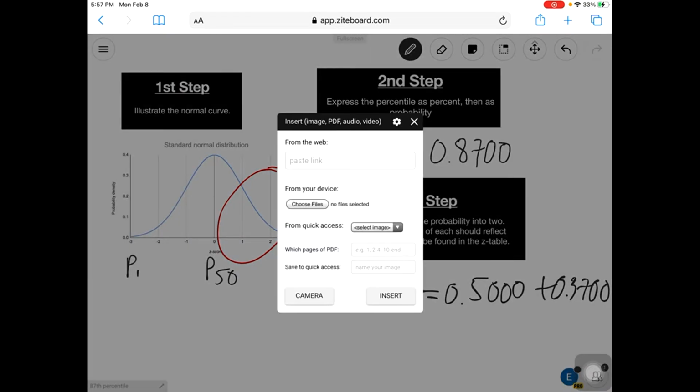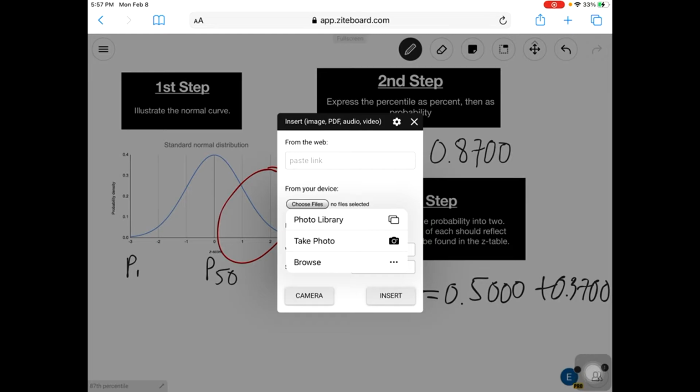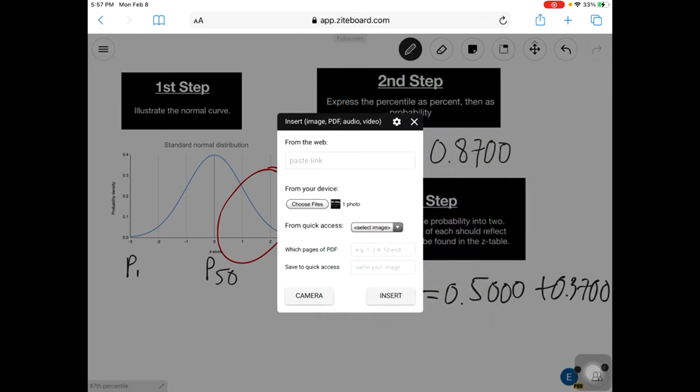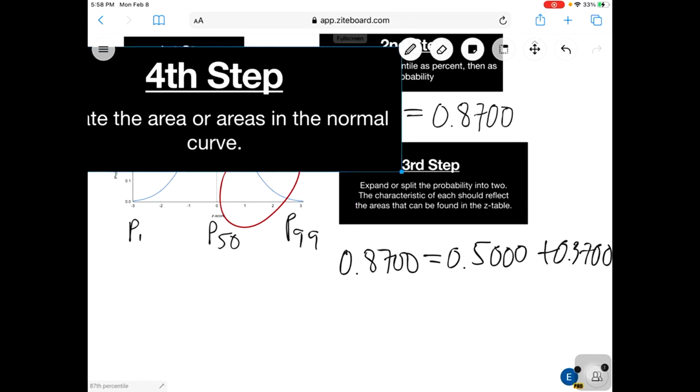So the fourth step here is for us to locate the area or areas in the normal curve. So this is going to be our fourth step.